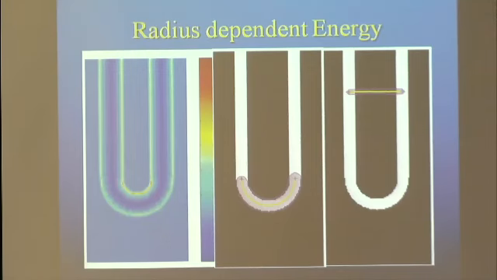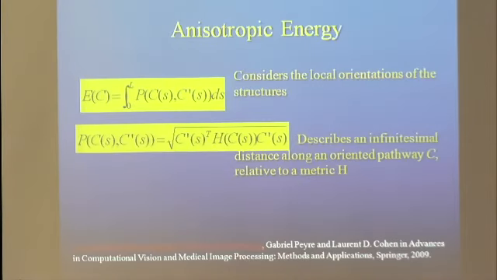So now we can define a potential that is also dependent on the orientation, which will give a high penalty if the curve deviates too much from the prior estimate of the local orientation, which means that we're going to define an energy P feature which depends at the same time on the curve location and C prime, the tangent to the curve, to the path.